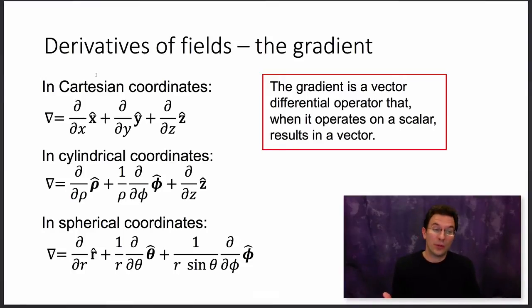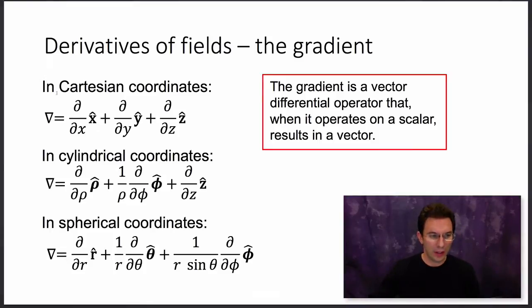And that's what the gradient is. The gradient is a vector differential operator that, when it operates on a scalar, results in a vector. But it is those two things. It is a vector differential operator.